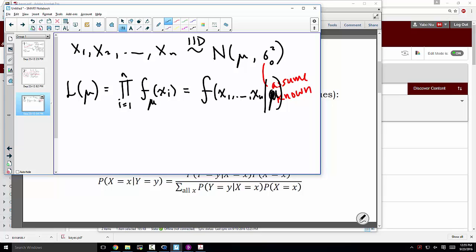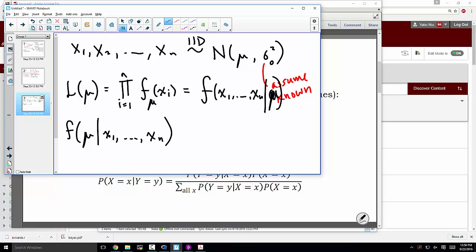So suppose we wanted to talk about the probability distribution of mu given the data that we saw. That's really what we want to do with inference. We want to take our data and make confident statements about a parameter.